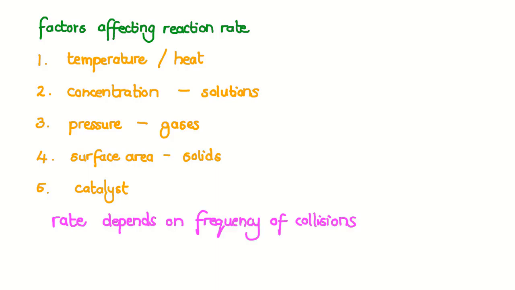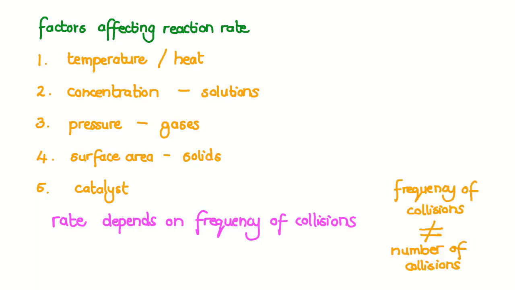It is important to note that the rate or speed of a reaction depends on the frequency of collisions. Frequency of collisions is not the same as the number of collisions. The frequency of collisions is the number of collisions per unit time, and we usually say per second.